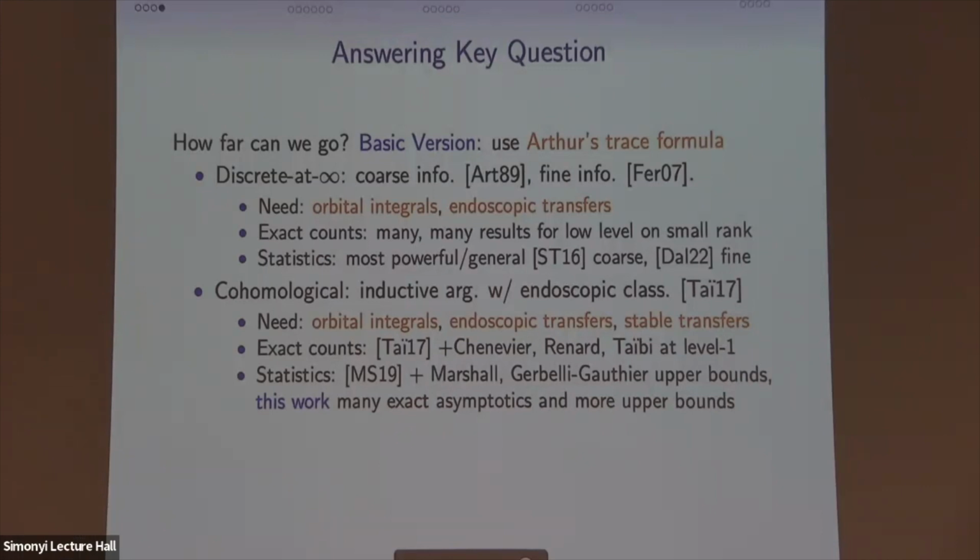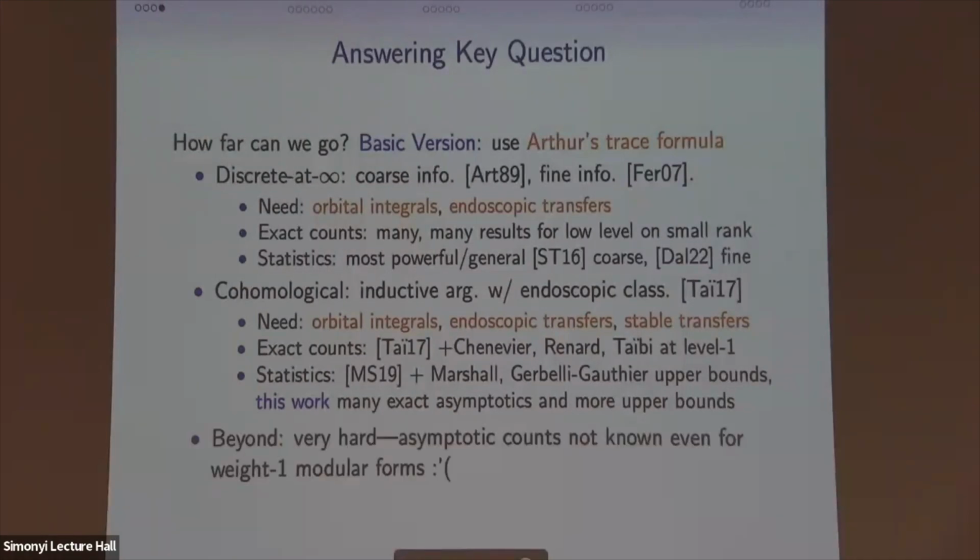This work basically tries to use the full details of this inductive argument to get more than upper bounds, to try to get exact asymptotics in lots of cases. And we try to get upper bounds in cases that maybe weren't there before also.